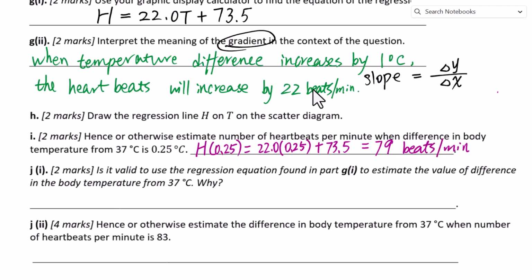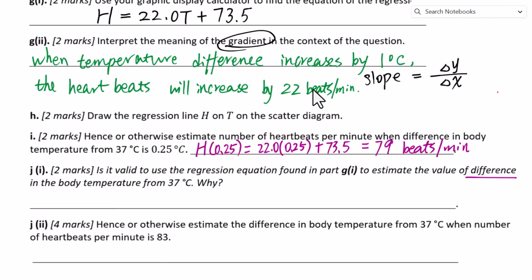G1. Is it valid to use the regression equation found in part G1 to estimate the value of the difference in body temperature from 37 degrees Celsius? We know the difference in body temperature from 37 degrees Celsius is an independent variable.